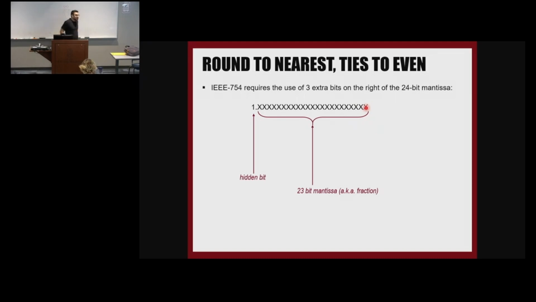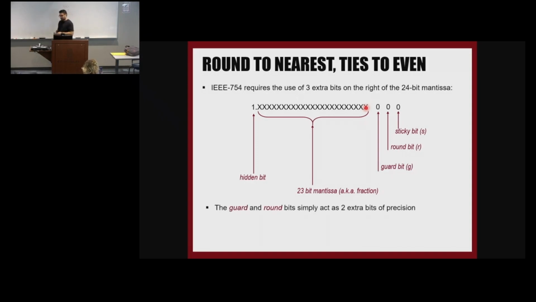Now, to deal with rounding, we add 3 extra bits to the fraction. The first one is called the guard bit, or G. Then the other one is the round bit, an R. And then we have a sticky bit, which is called S. Okay, so we add 3 bits to the fraction now.